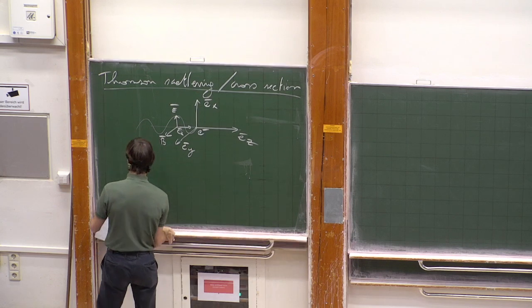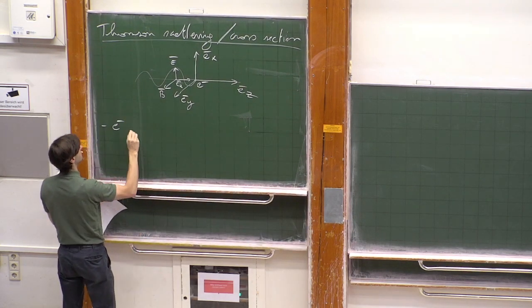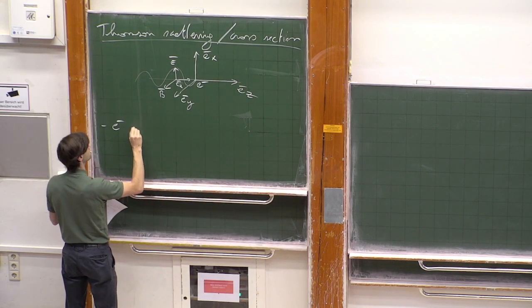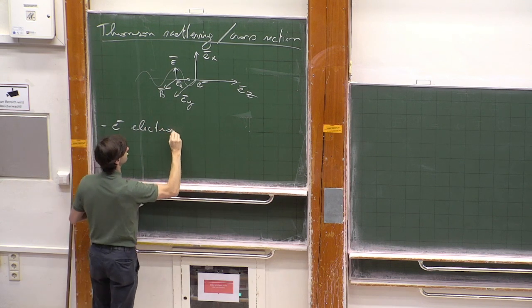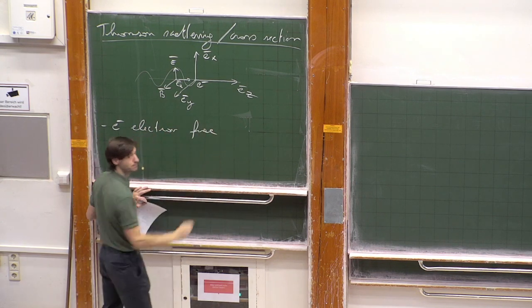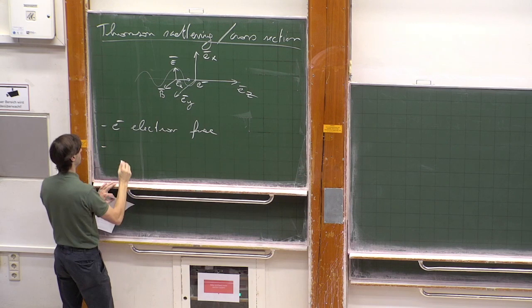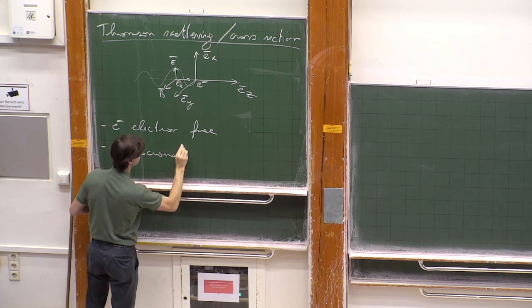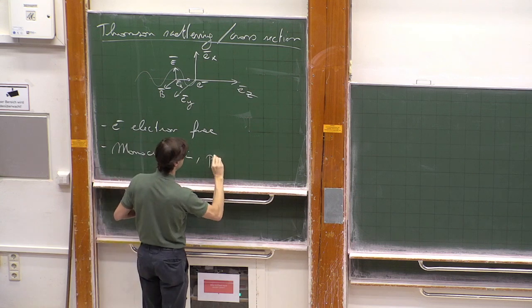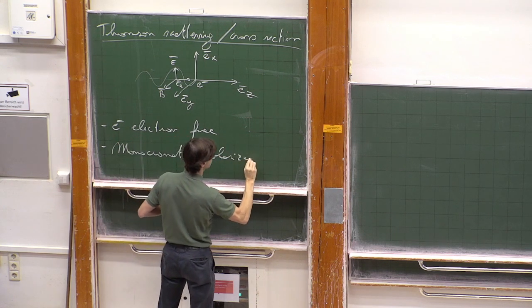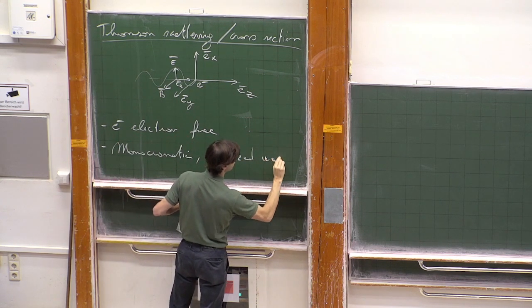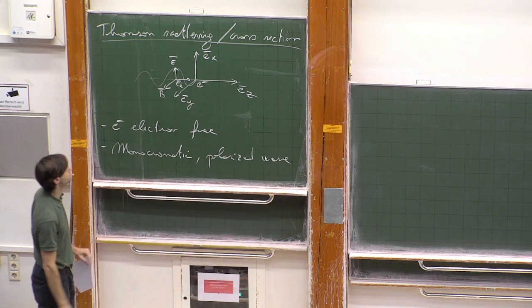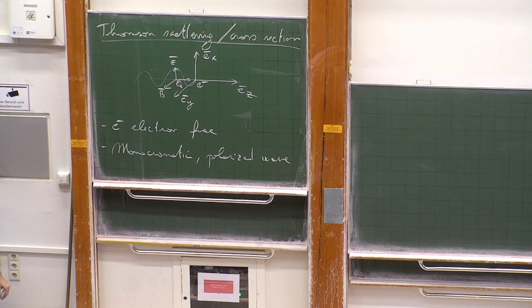So we have an electron, which is free, and then we have a monochromatic, polarized electromagnetic wave. And that's the configuration.